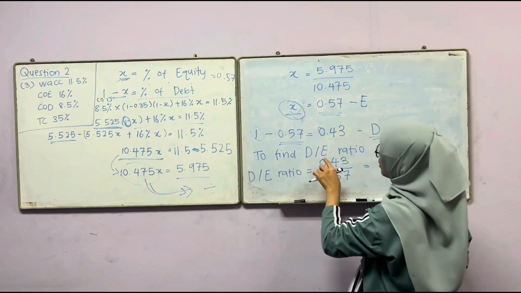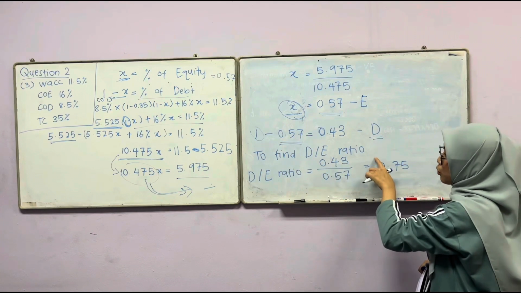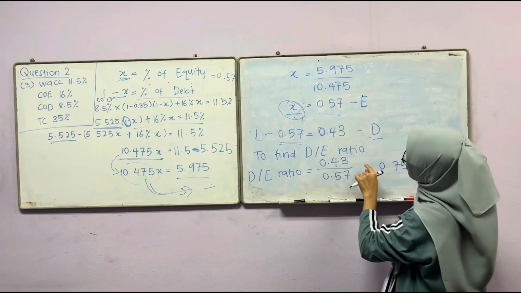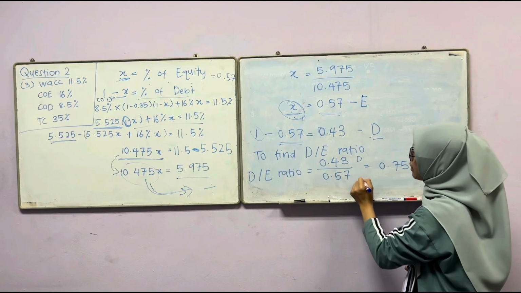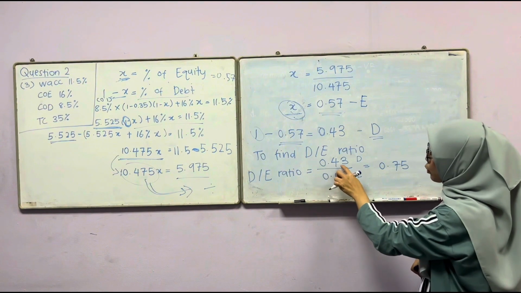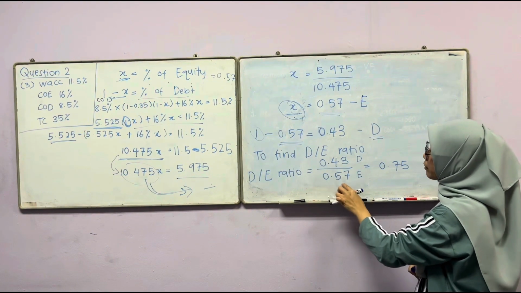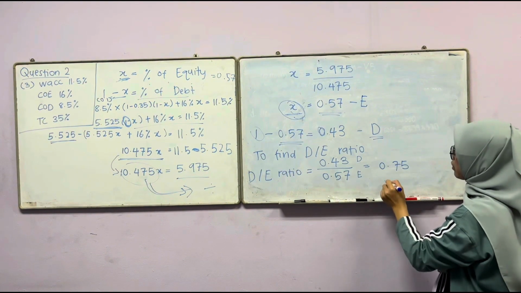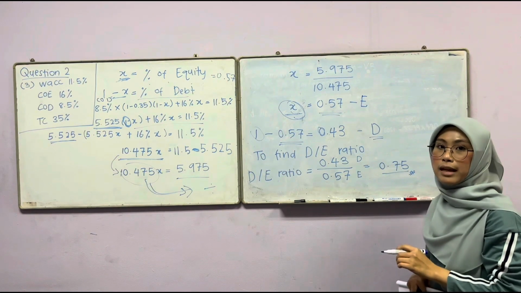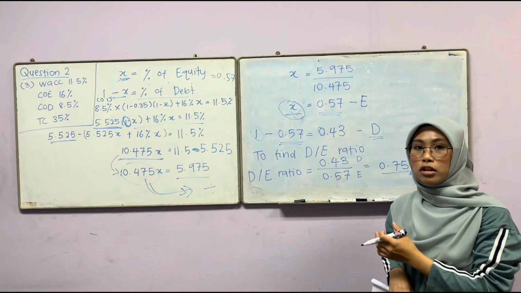To find the debt to equity ratio, we divide debt by equity. When we divide 0.43 by 0.57, we get 0.75. So that's the answer for question 3.